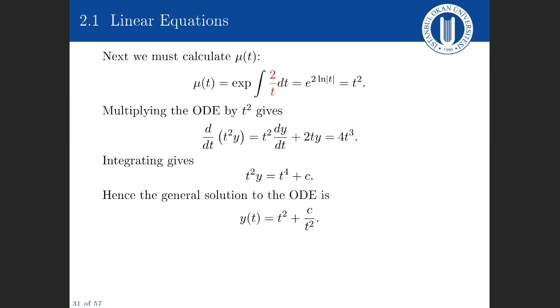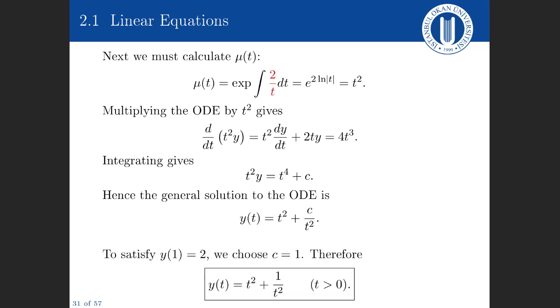The general solution to the differential equation is y is equal to t squared plus c over t squared. There's one step left. We need to choose the correct value of c. And we can see that to satisfy y of 1 is equal to 2, we want c is equal to 1. So the answer to this problem is t squared plus 1 over t squared.